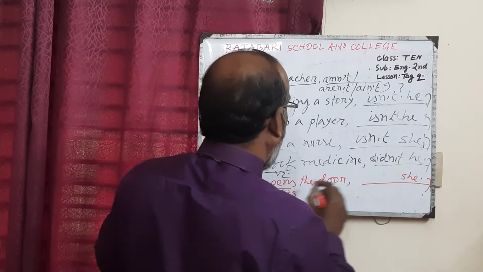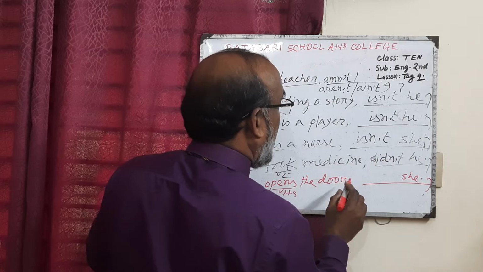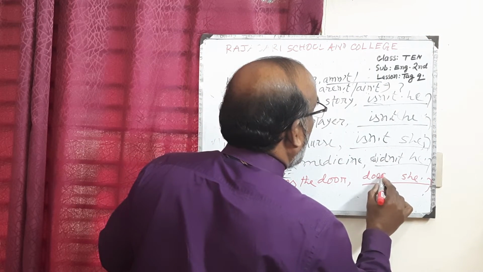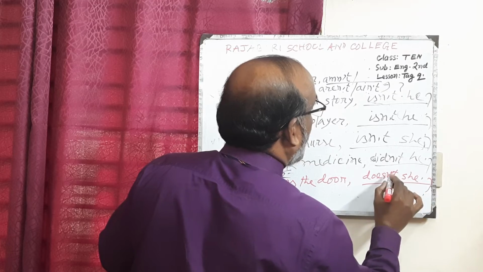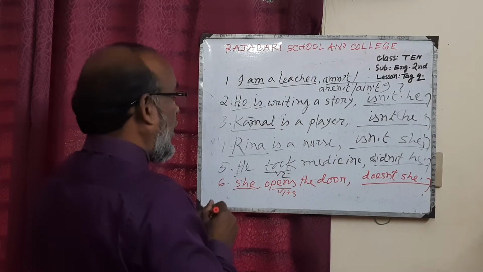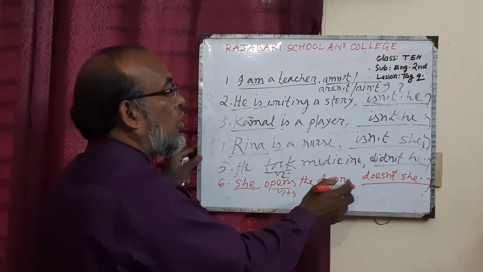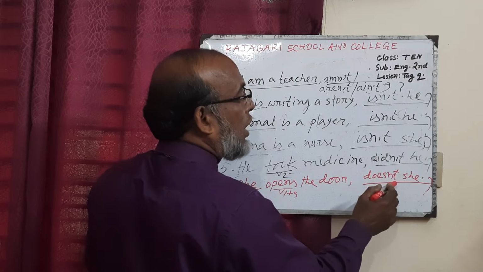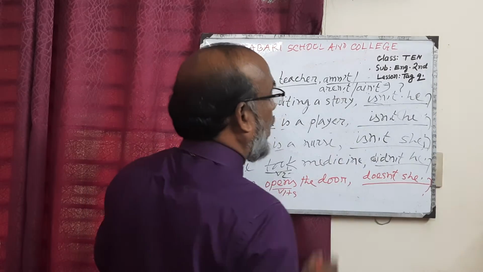This is why you will use here as the auxiliary verb does. That means doesn't she. Here she opens the door is an affirmative sentence. This is why you will use doesn't here. Doesn't she?